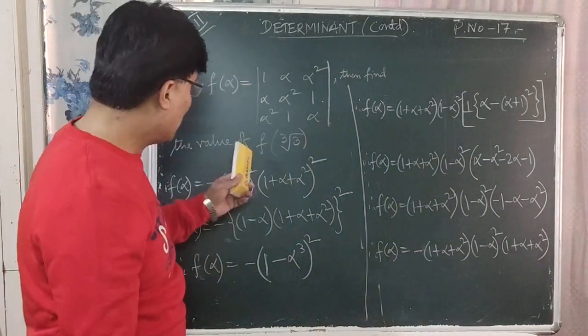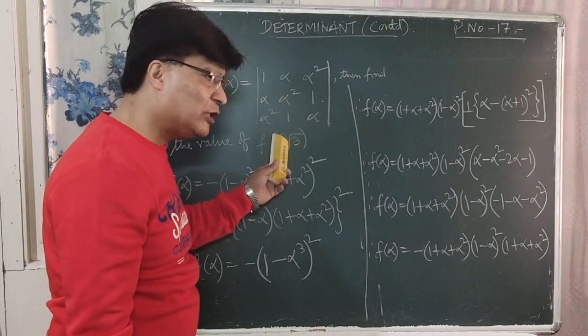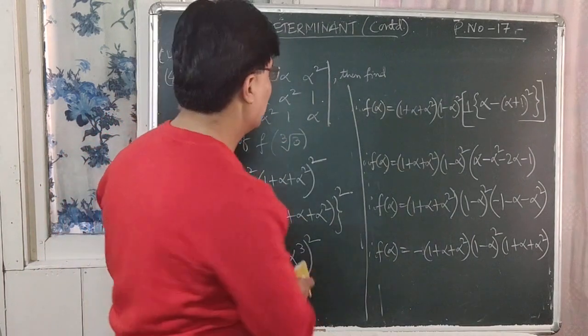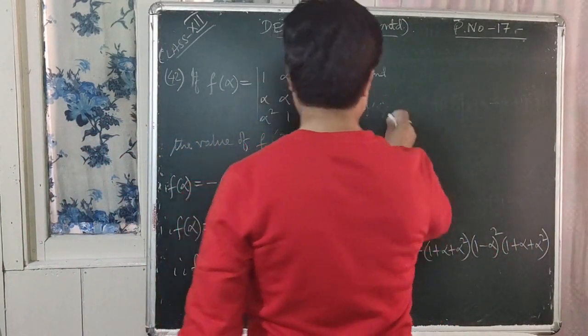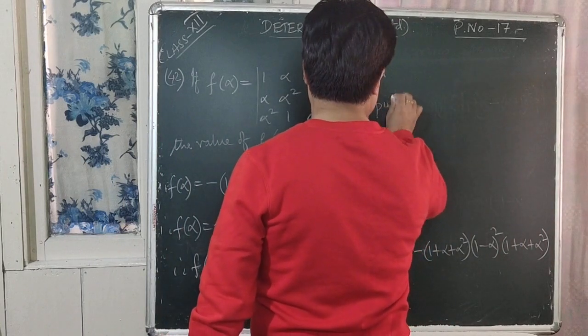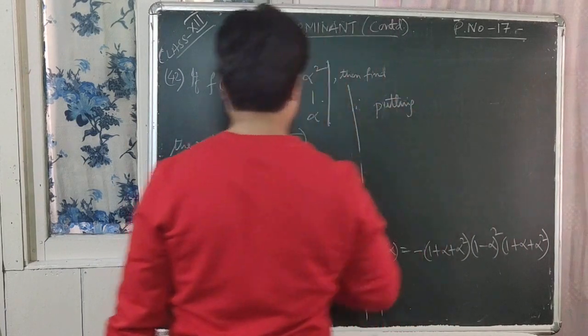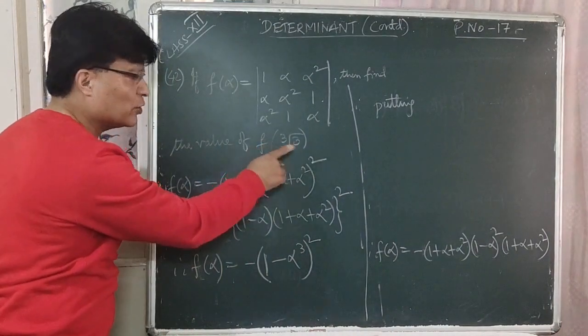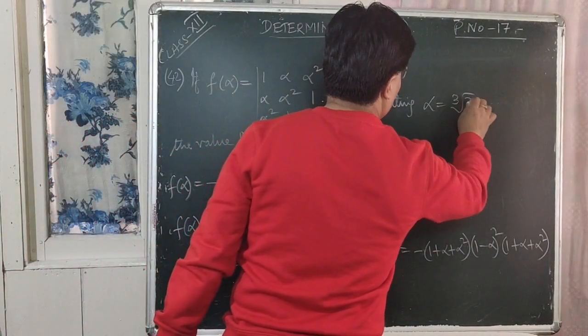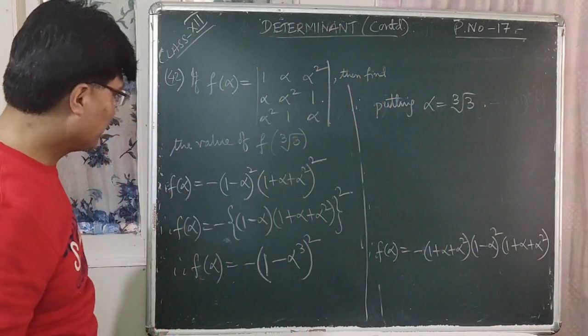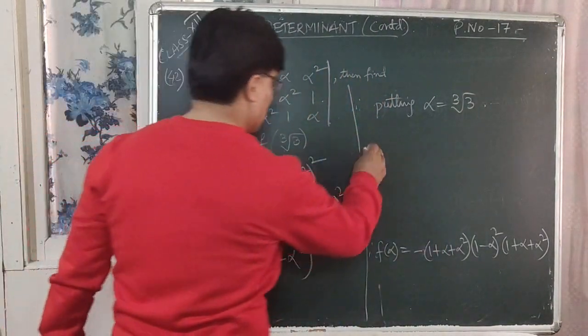Okay? Now you have to get the value for f of cube root of 3. So now write down, putting alpha is equal to, what will you write? Alpha is equal to cube root of 3. Putting alpha is equal to cube root of 3. Okay? So let us write it here.